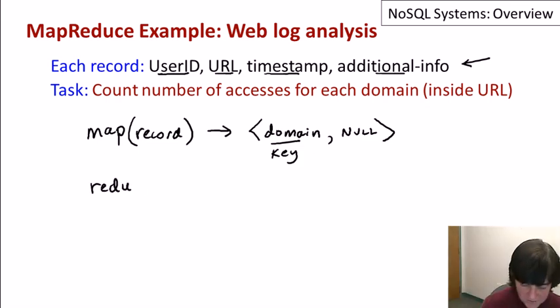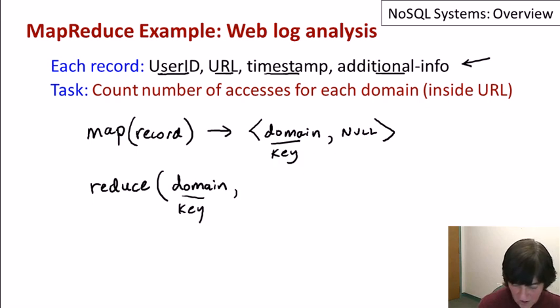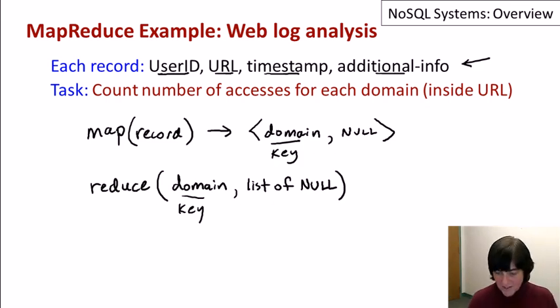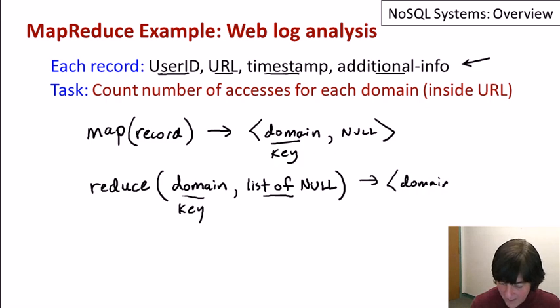Now what does the reduce function do? The reduce function is going to take a domain, because that's the key, and that's the first argument, and then it's going to take a list of values. In this case, it's going to be a list of null values. And what's interesting is that each one of these null values represents one access to that domain. So all the reduce function needs to do is count up how many nulls there are for each domain. So it's going to produce as its result the domain and the count.